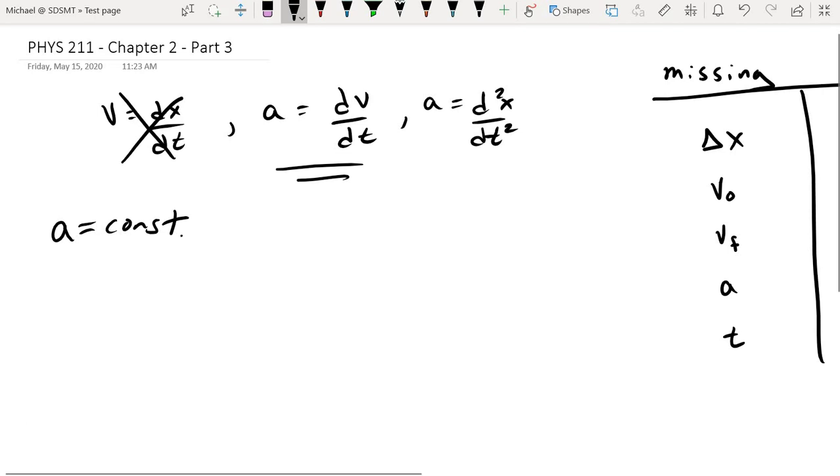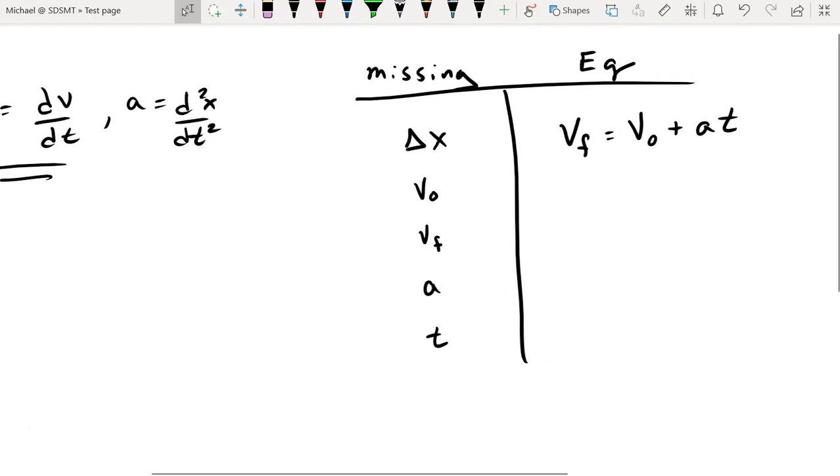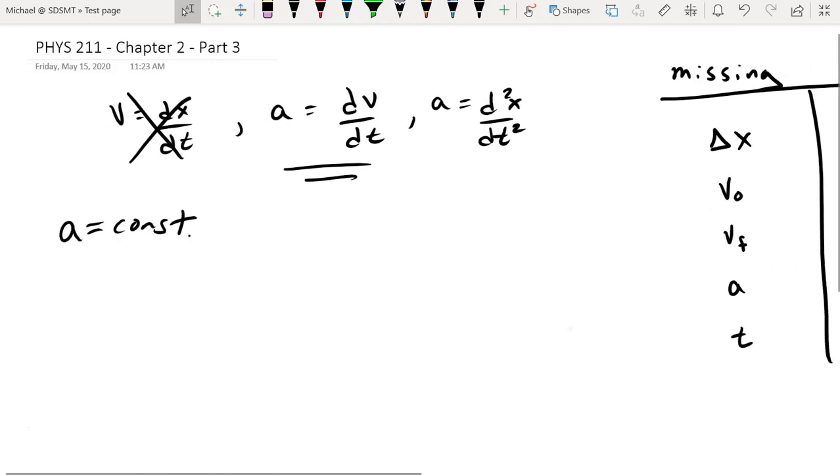But even so, even if we did have a constant acceleration, the velocity could not be constant, and we wouldn't be able to carry through the integration, which is why we had to sneak over to the second equation, and that's how we produced our first of the kinematic equations.